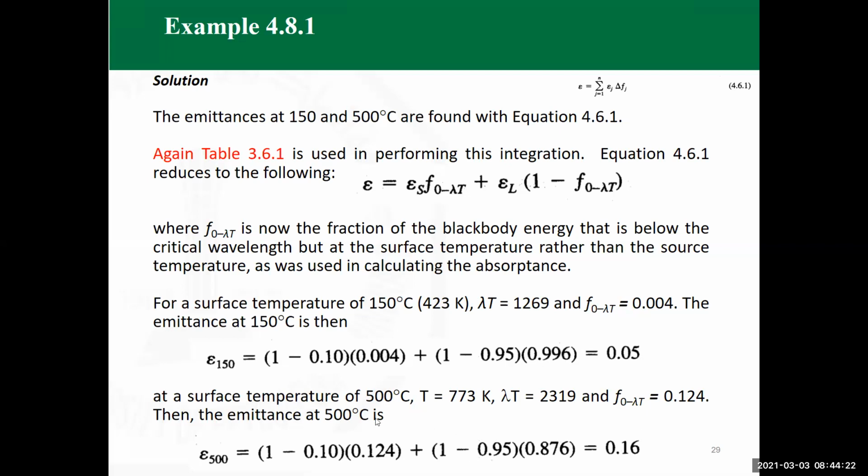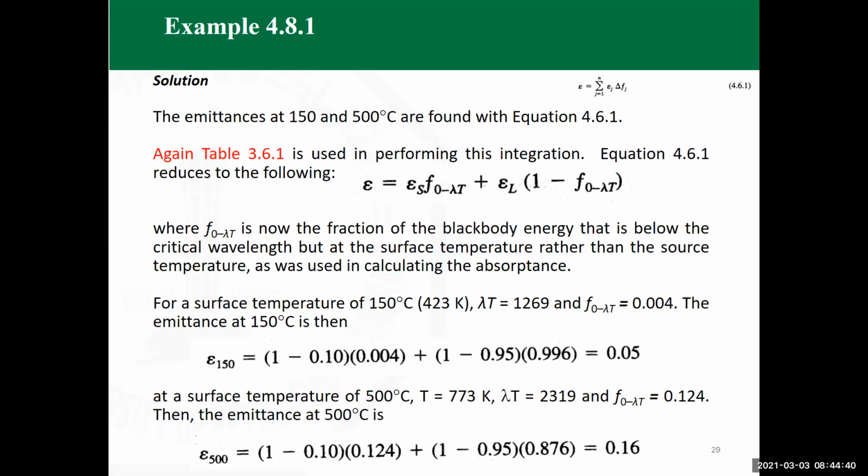If it's at 500 degrees centigrade, then the temperature is 773 Kelvin and lambda T is 2319, and we do the same calculations, you'll get an emissivity of about 0.16 or 16% of the energy that it holds.